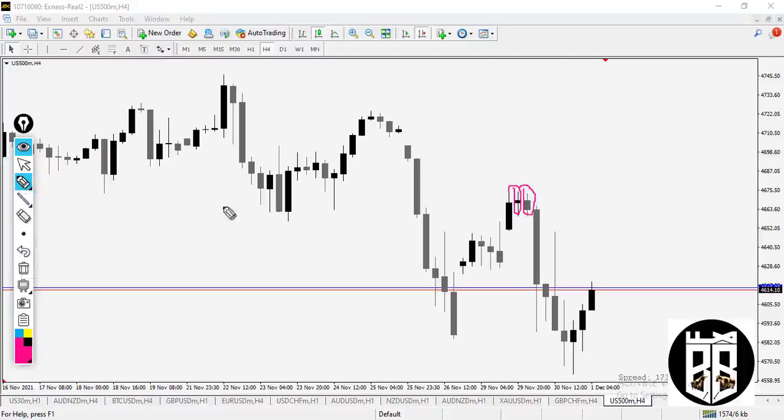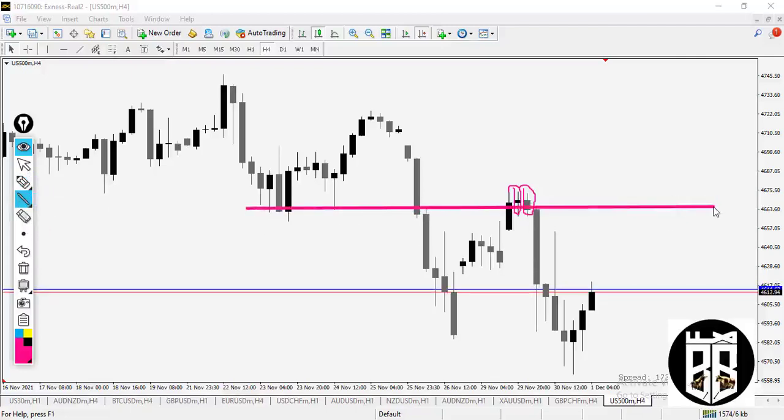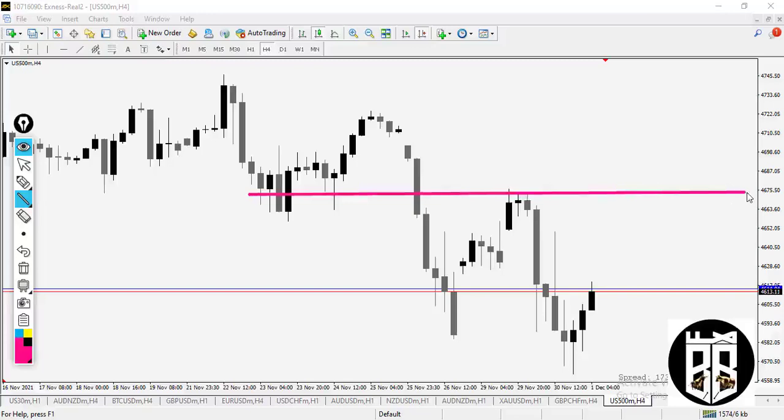So I am going to wait to see how price comes to this level again. Now price moved from this level to this place, and I see just one or two of these tweezer tops.